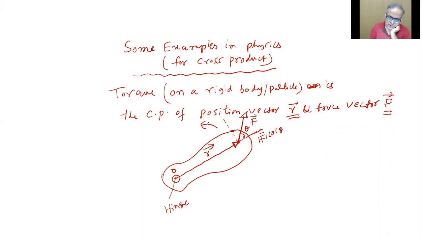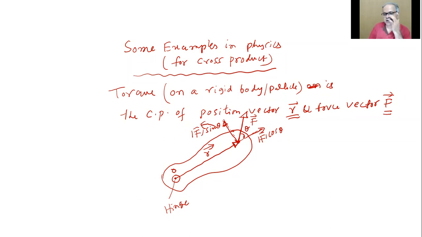This component is mod F sin theta. So mod F cos theta pulls it like that, but the hinge is not allowing it to move forward. But this part will turn the rigid body around this axis which is passing through the hinge. So it will rotate like that.